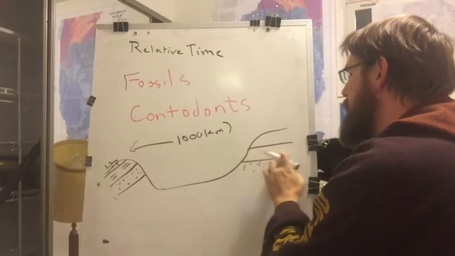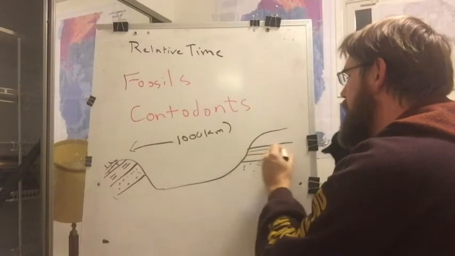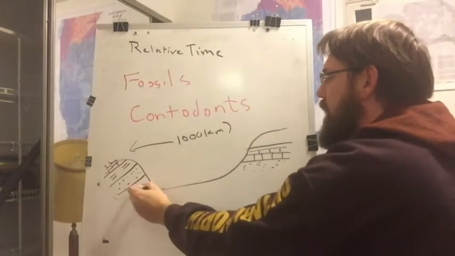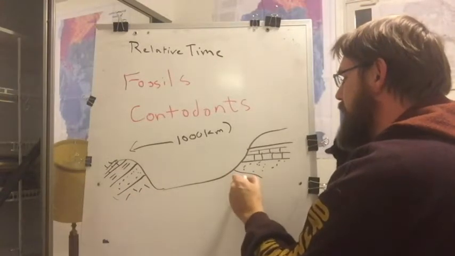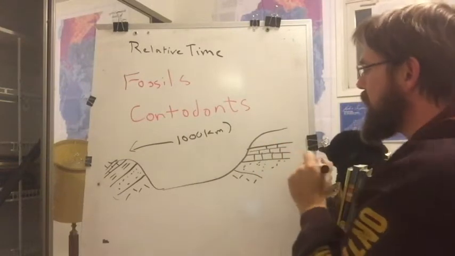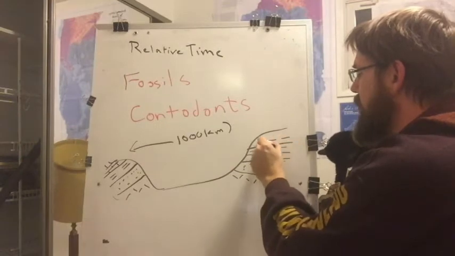Oh no, we won't make this a shale. We'll make this a limestone. All right, this will just be igneous here. And we'll know that there's igneous over here too.